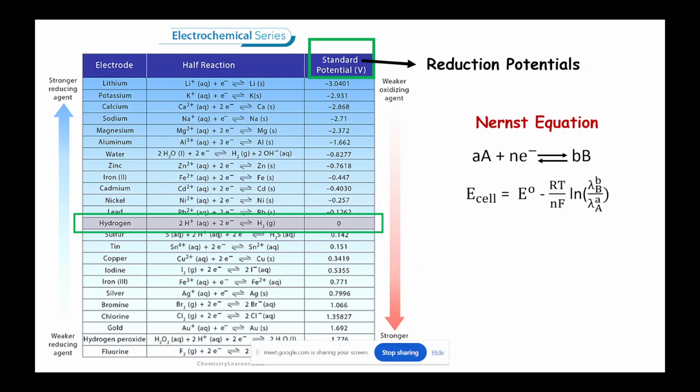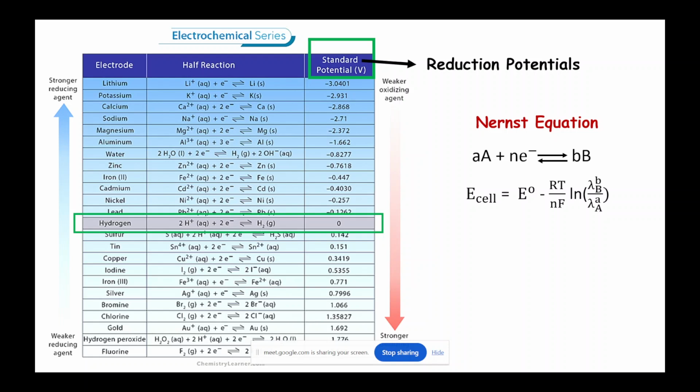So in order to make sure that such confusion does not arise, as a standard convention, in most cases, scientists use standard reduction potential values for the calculations.